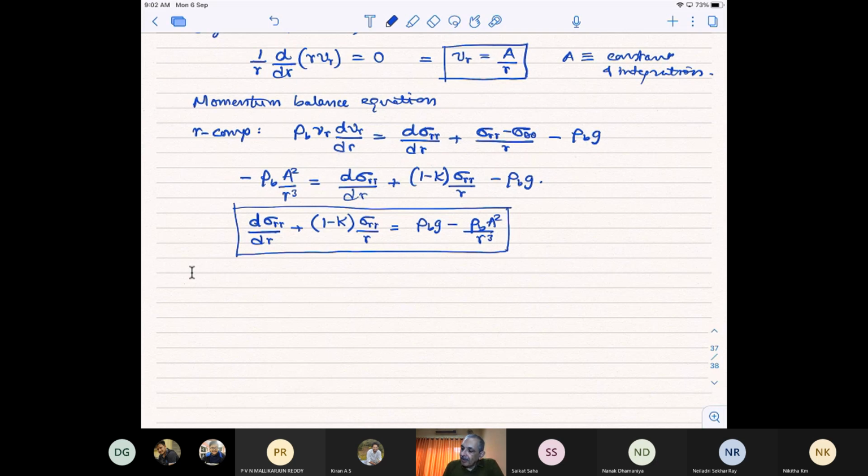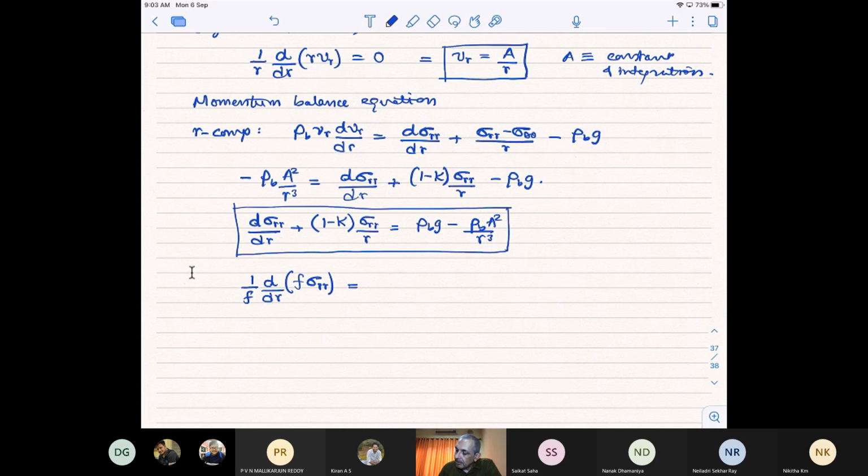So you want to basically combine these two terms. If I do this again, you see it's 1 by f d by dr of f times sigma rr. This should be equal to the right hand side.